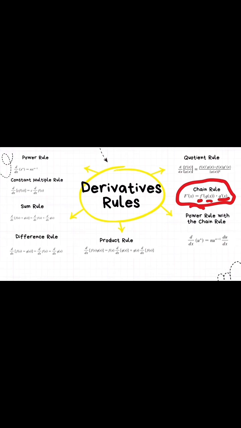The inner function is g(x), and this is the outer function, f prime. So then we need to differentiate g(x), which gives us g prime of x, and then multiply it by the outer function, f prime of g.